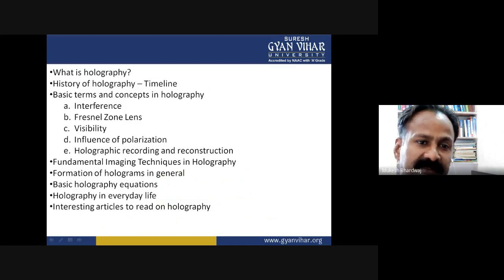Basic terms and concepts in holography: interference, Fresnel zone lens, visibility, influence of polarization, holographic recording and reconstruction, fundamental imaging techniques in holography, formation of holograms in general, basic holographic equation, holography in everyday life, interesting articles to read on holography.